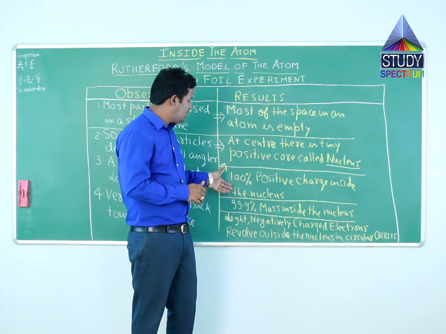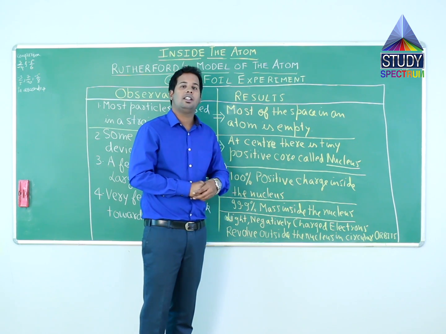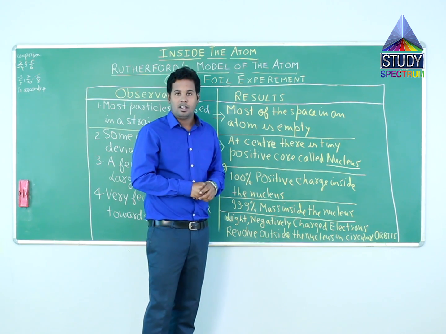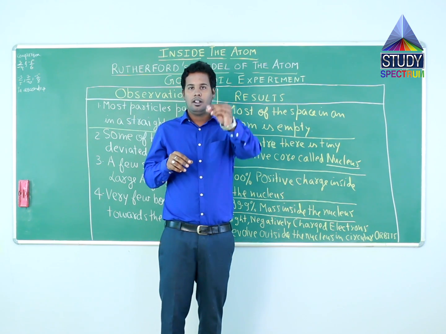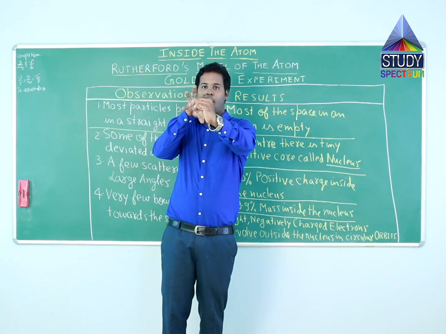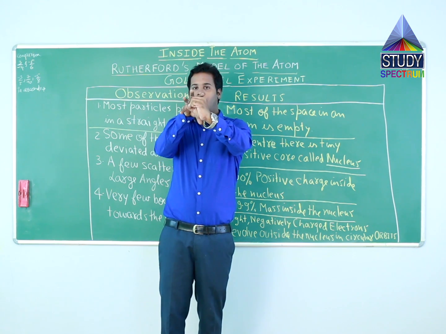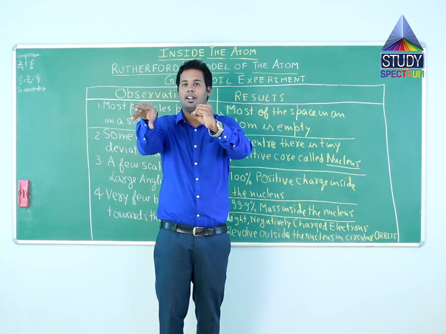What was his other result? He said 100% positive charge is inside the nucleus. How? See, understand. Suppose this is the positive core inside the nucleus, and these are the alpha particles. Whenever these alpha particles were traveling nearer to the positive core, the nucleus, they were getting deflected.